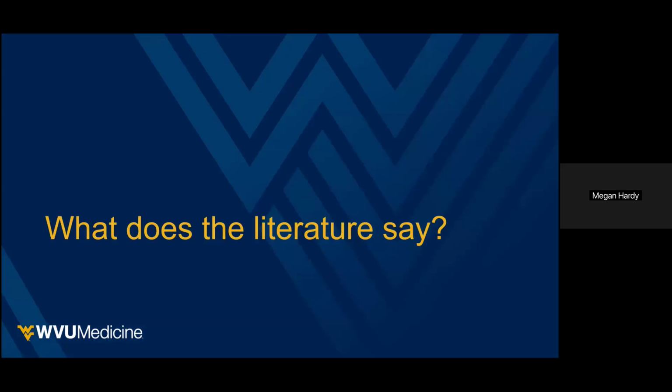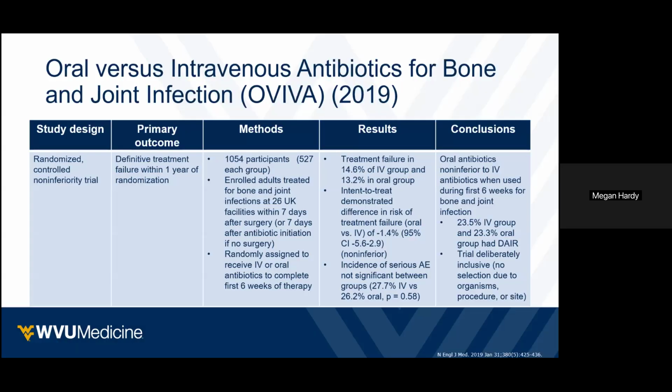So aside from highlighting these little blurbs of literature for each individual drug, let's talk about some actual literature for bone and joint. Of course, starting with the OVIVA trial.